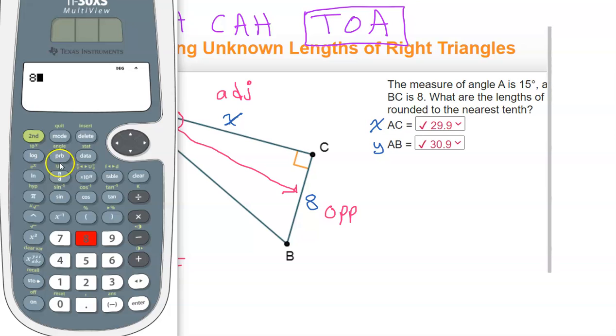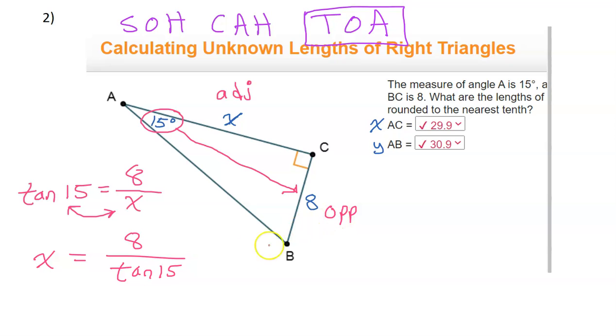Alright, 8 over tangent 15. Make sure your calculator is in degree mode. We want decimals. So that's 29.9. Okay, so that is why the answer is 29.9.